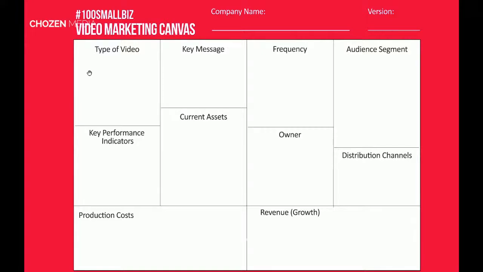So if you're not quite sure yet what type of video you want to create, maybe you're over here and you have your messaging, and you know that you're launching, and forgive the writing here because this is just an overlay on a PDF.